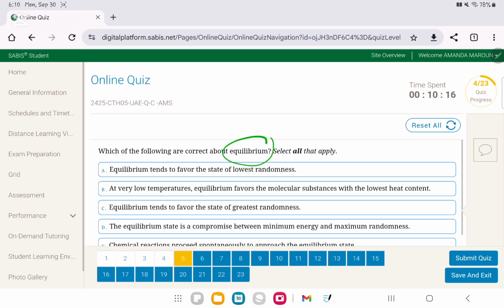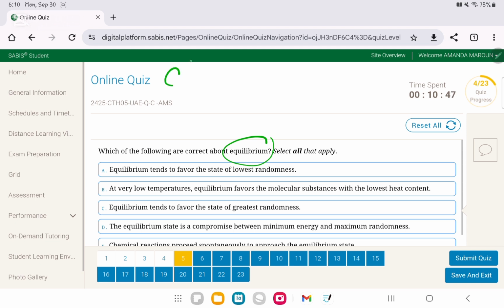Now, equilibrium. Some facts about equilibrium. At equilibrium, the reactions proceed spontaneously or directly, so that they can reach equilibrium directly. Another thing, equilibrium favors the greatest randomness and the least energy. So let me write them.